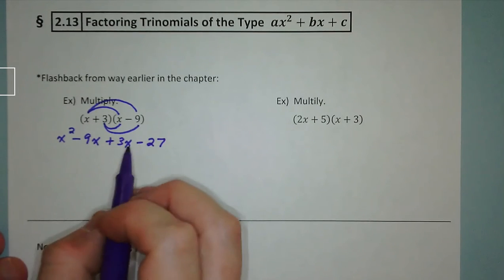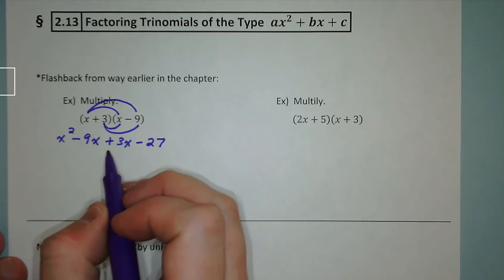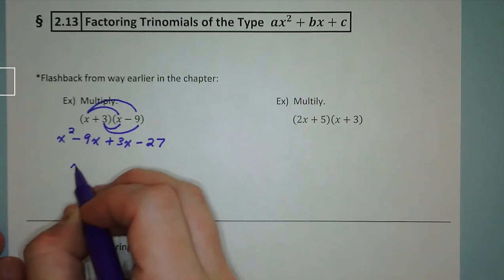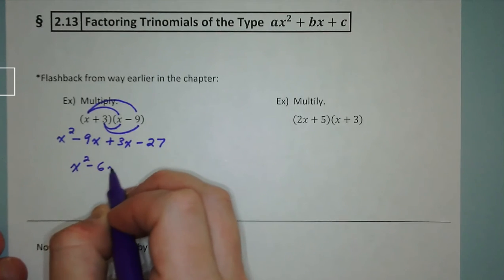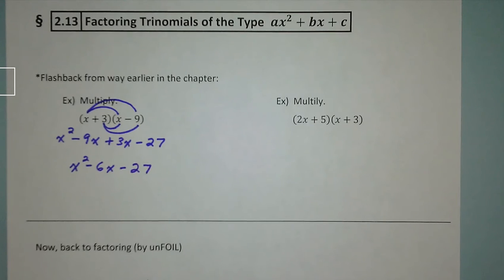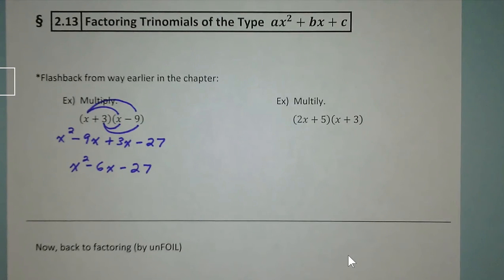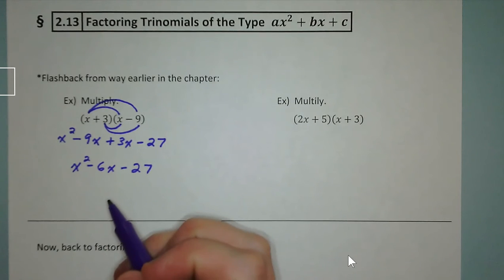And then once you do all of that distributing, you realize this negative 9x and this 3x combine together. So that was multiplying. But factoring is like the opposite of multiplying. Factoring is breaking this back up again.